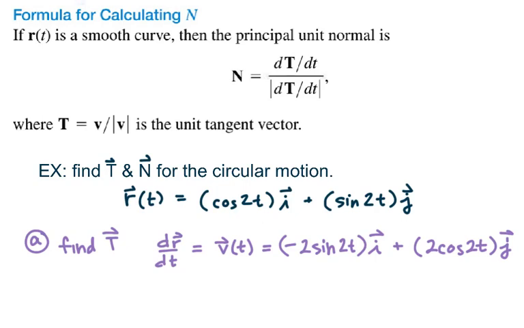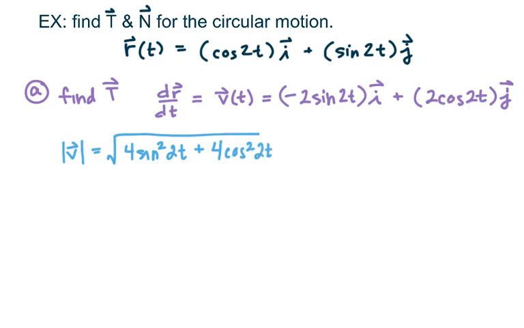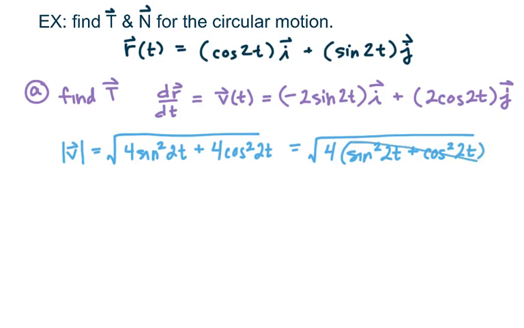Next, we need the magnitude of v. The magnitude of v is the square root of 4 sine squared 2t plus 4 cosine squared 2t. Squaring each of those components, summing them, and taking the square root, I can factor out a 4. That's the square root of 4 times sine squared 2t plus cosine squared 2t, which by the Pythagorean identity is 1.